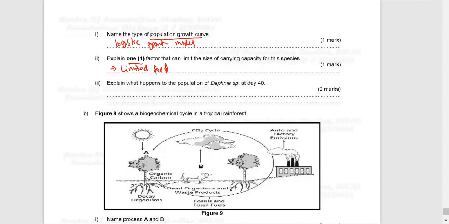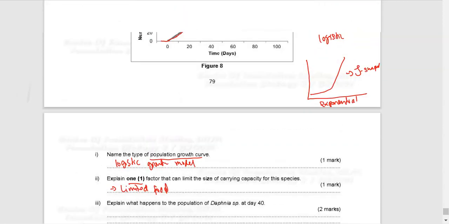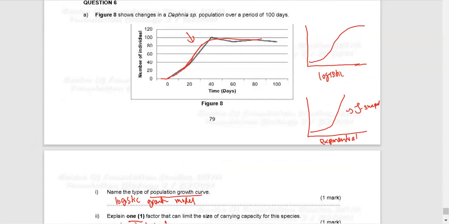Number 3, explain what happened to the population of Daphnia species at day 40. If you look at this diagram, day 40 is here. This red graph that I drew shows you the carrying capacity of the population.